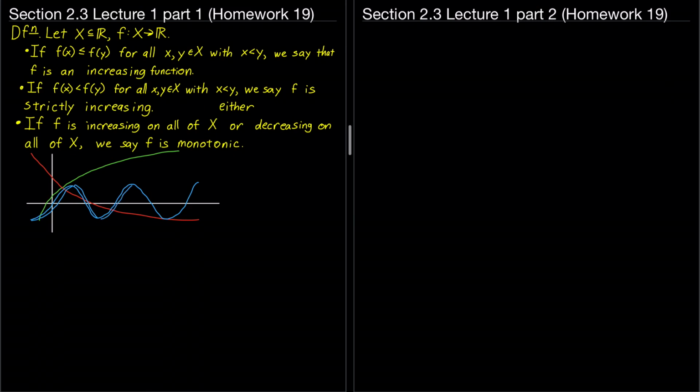This does not count as monotonic. To be monotonic, you have to be increasing everywhere or decreasing everywhere. You can't be increasing for a while and then decreasing for a while. You can't switch back and forth.